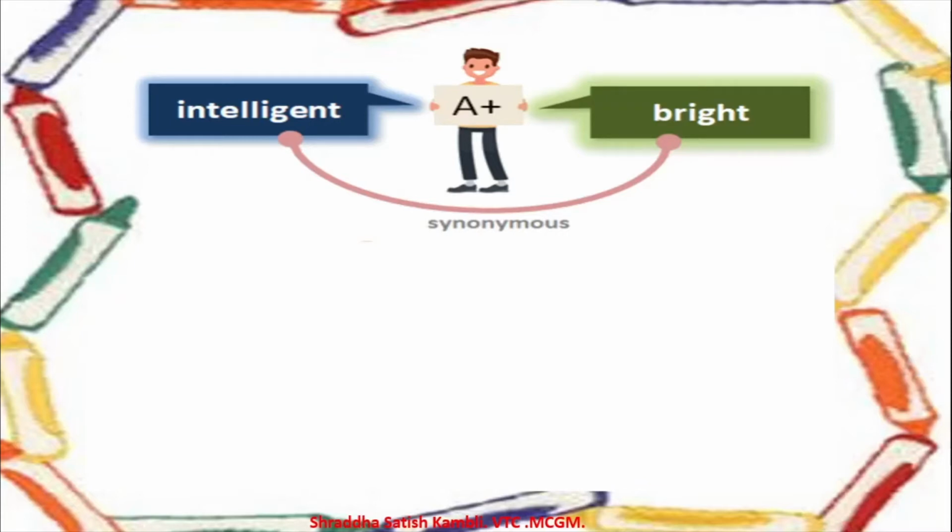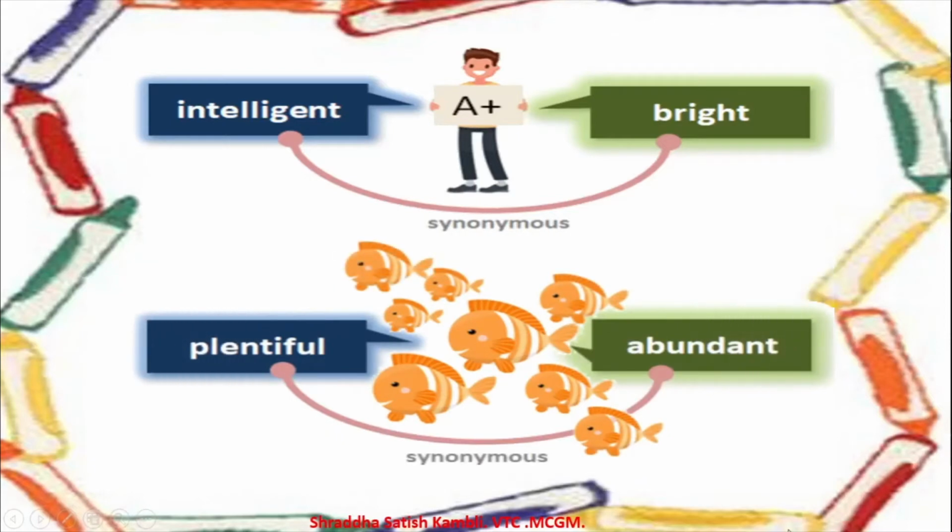So intelligent and bright are synonyms of each other. What about plentiful and abundant? They are also synonyms of each other. Plentiful and abundant. Okay, so plentiful means many and abundant also means many. So these pairs of words have similar meanings, so they are synonyms of each other.